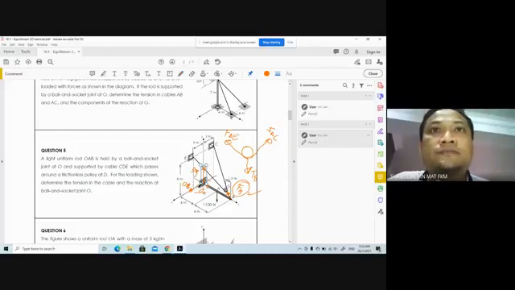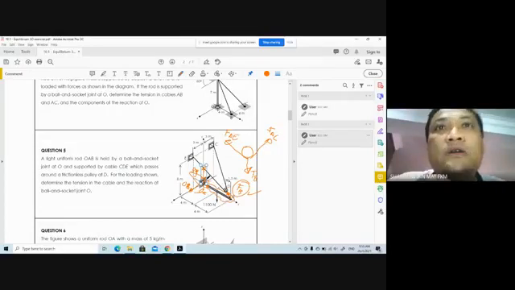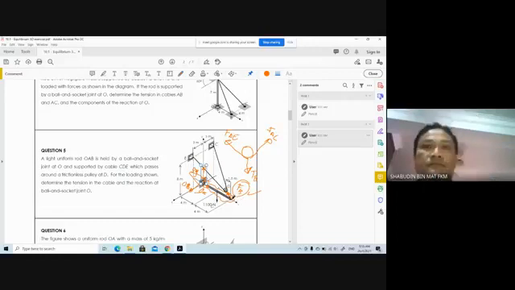Understand that in the free body diagram, the boundary is there, the boundary of that object. OX, OY, OZ, and 100. Don't forget this. And the force in the cable here, FB.